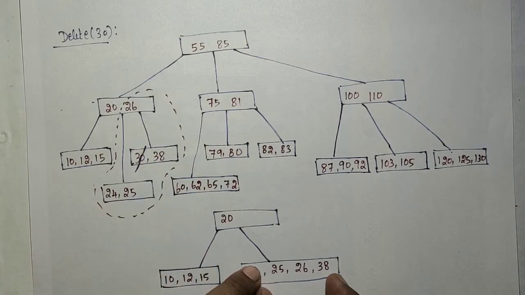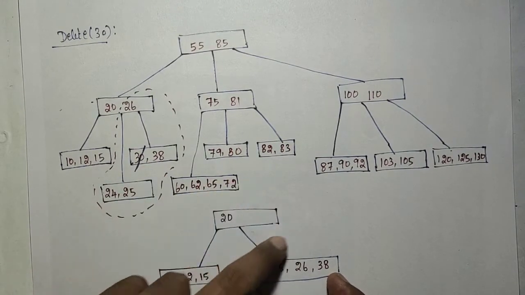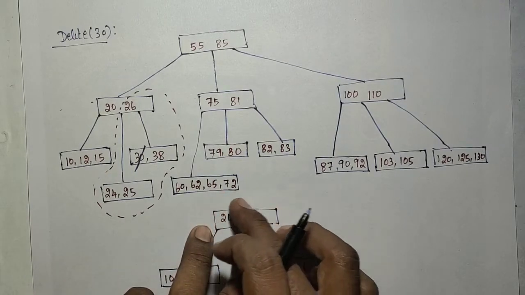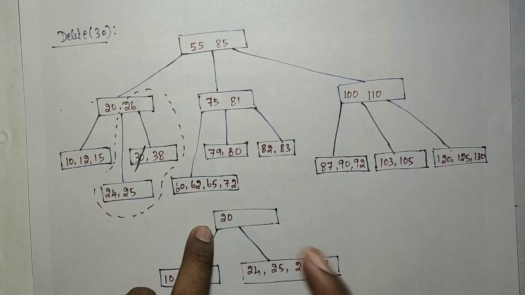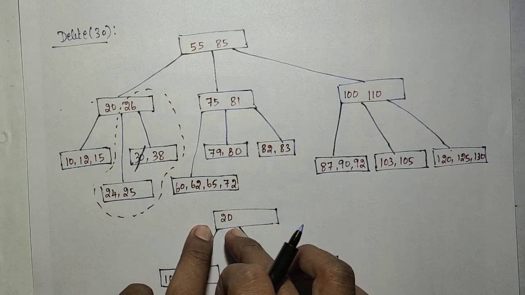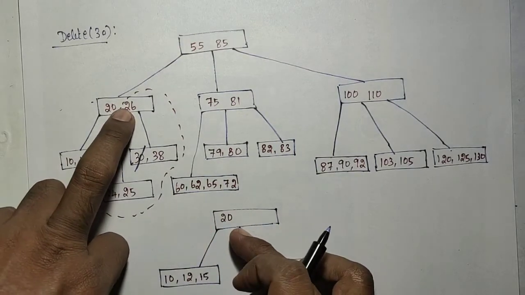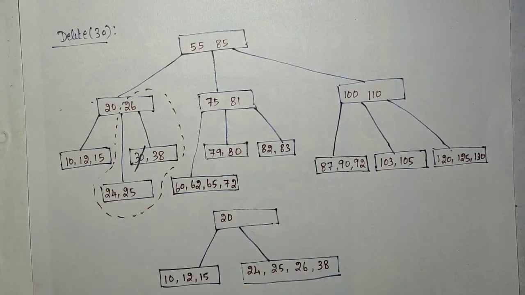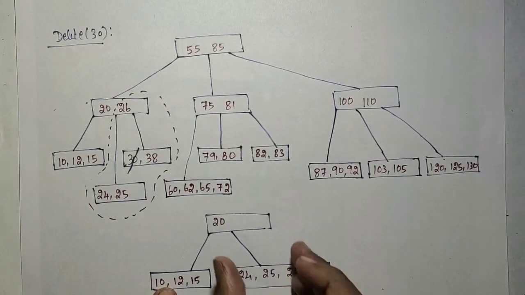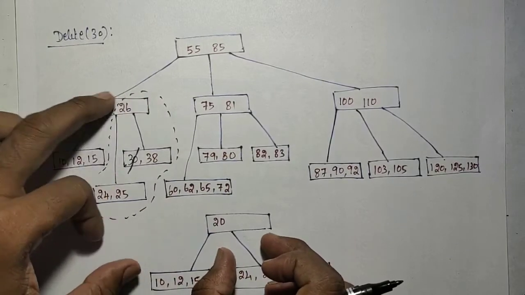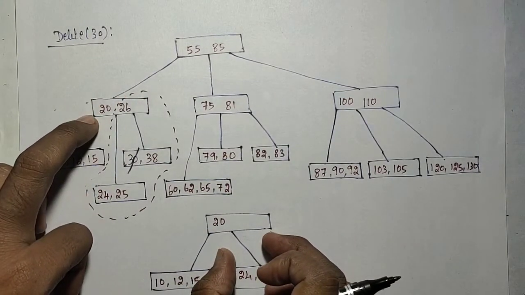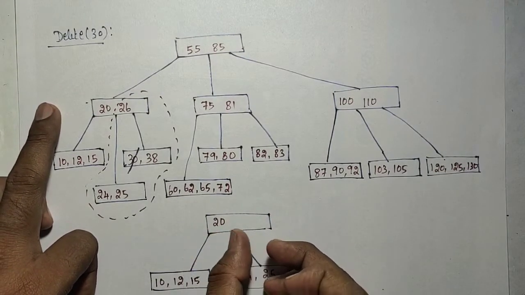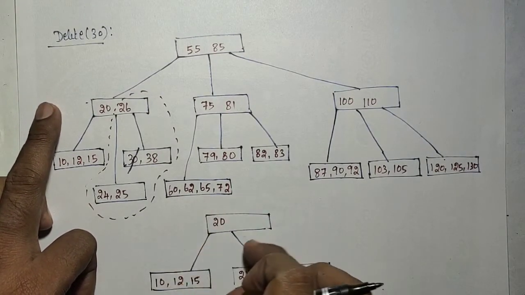Because of that merging, we are losing one element in that parent. So we need to check whether that parent goes underflow or not. Since that element is given to its children, the parent goes underflow. So how to handle this situation, where the parent goes underflow? This is not a leaf node, it is an internal node.